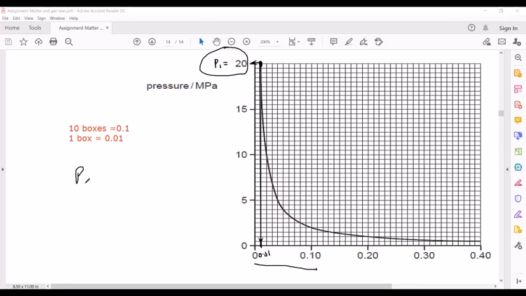And we will use the formula P1 V1 equals P2 V2. I have the first pressure, which is 20. I have the first volume, which is 0.01. I have the second pressure, 0.1. And I need a second volume. So using this, I can find the volume, which will come out 2 meter cube. Any doubt till now, this part?